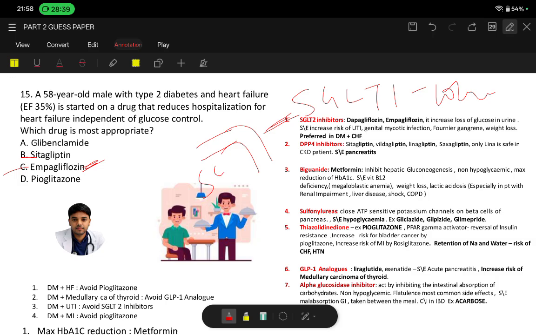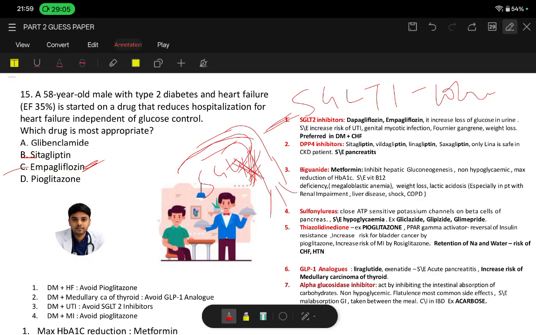Its function is that from the nephrons, whatever glucose is coming, SGLT2 will reabsorb the glucose. That's why when you pee, there is no glucose. So if you block this, what happens?